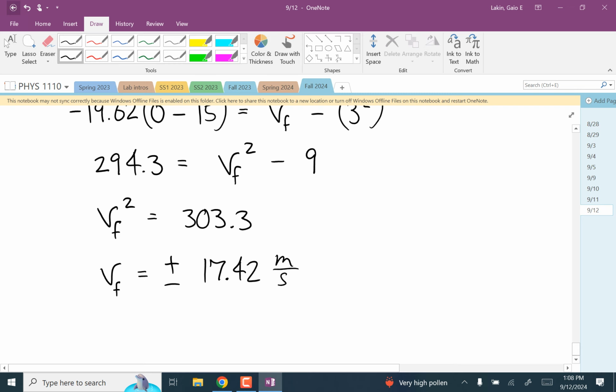And now you have to think about what you know physically about this problem in order to decide whether you want the positive or the negative. Which of those velocities makes sense in this case? The negative, because when it gets to ground level, it'll be moving down, which is our negative direction. So we want this one.